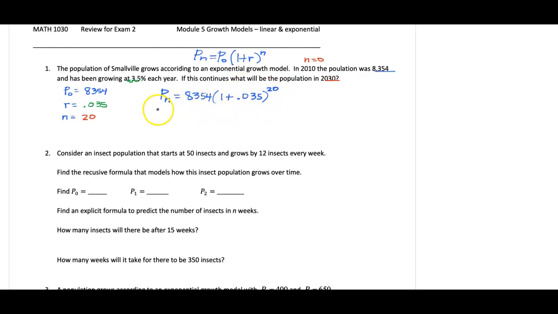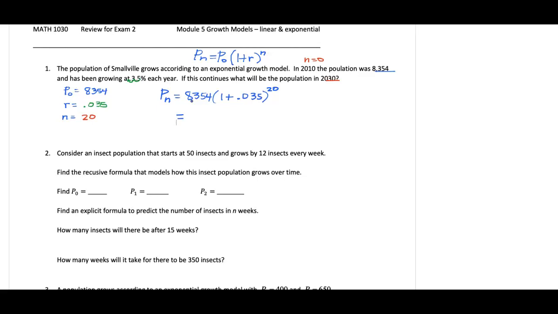And then from there, I'm really okay if you just use your calculator to figure out what the answer is, but I need to see this. Because if I don't see that, then I won't be able to give you any partial credit. You will just miss it. And if you don't have it on there either, you won't get any credit for it. So make sure you're showing me where you're getting that answer from.